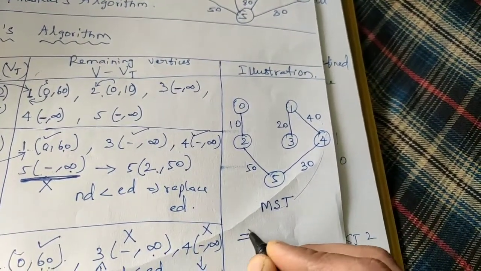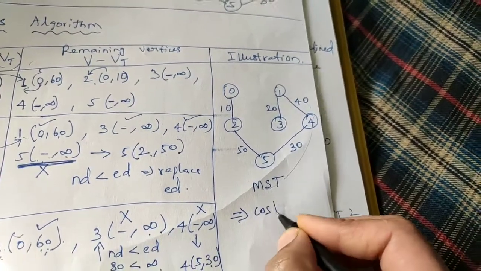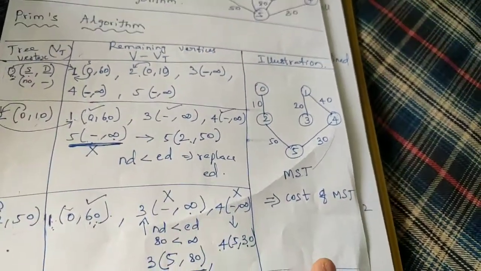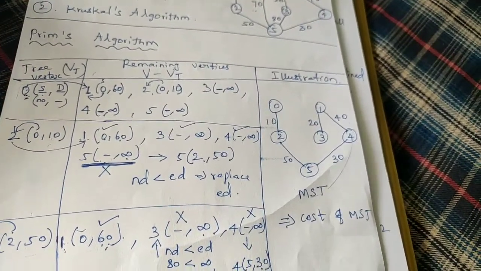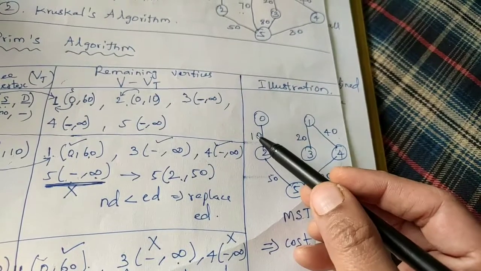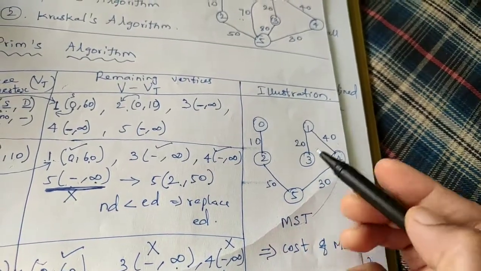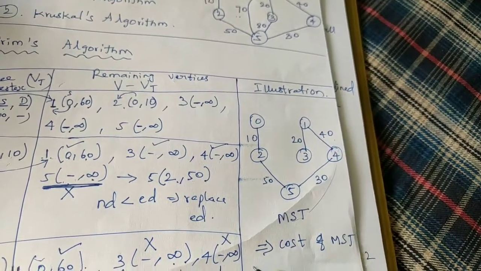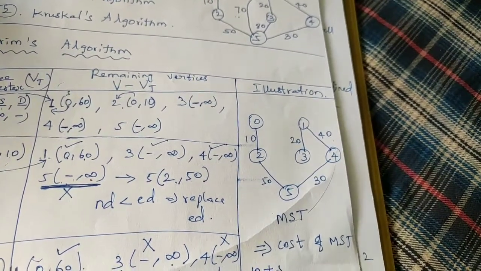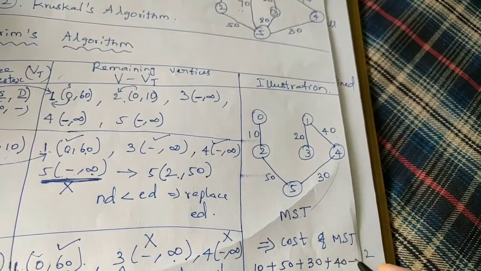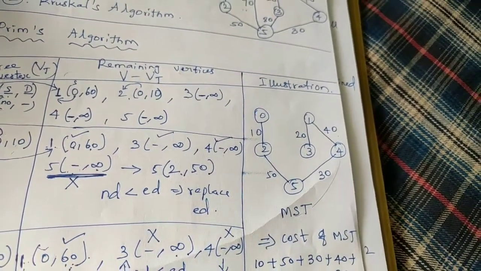Now you need to find out what is the cost of the minimum spanning tree. To find the cost of the minimum spanning tree, you need to add the weights on all the edges. So I am just going to add all the weights: 10 plus 50 plus 30 plus 40 plus 20.